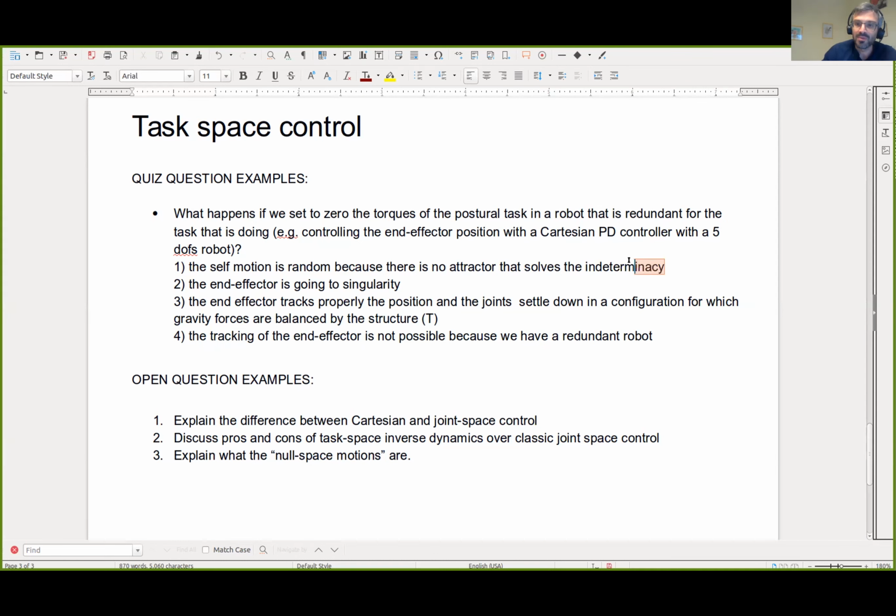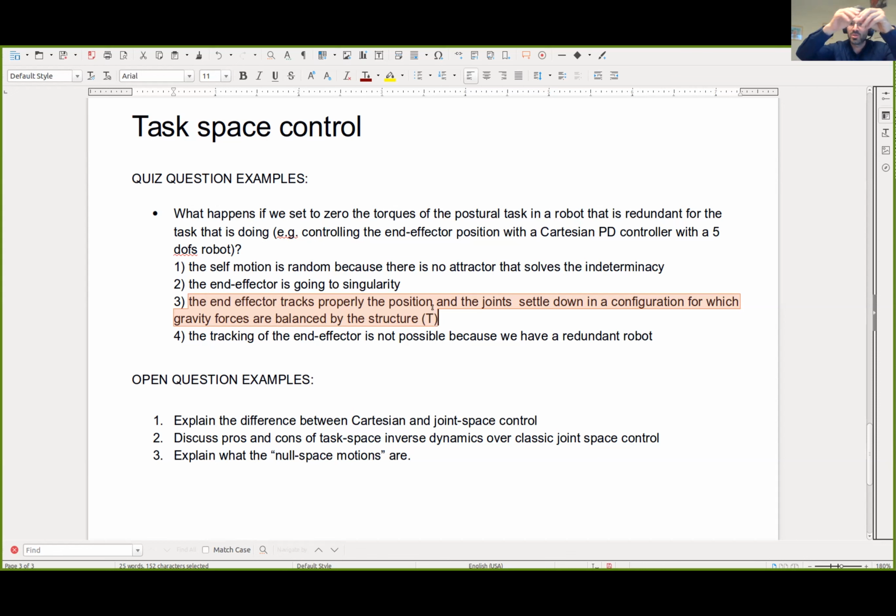It might seem true, but actually it's false because the true one is the third one. The end effector tracks the position, but the joints settle down in a configuration where the gravity forces are balanced by the structure. Think of the robot like a chain under the effect of gravity.